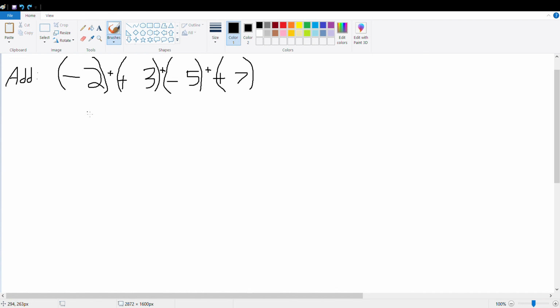Another thing that you can do is add all of your negative numbers together first, and then go through and add all of your positive numbers together.